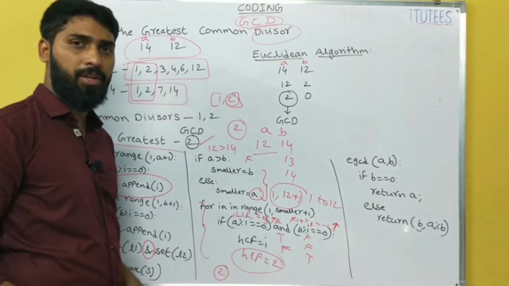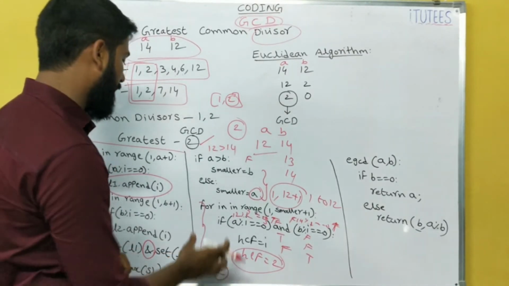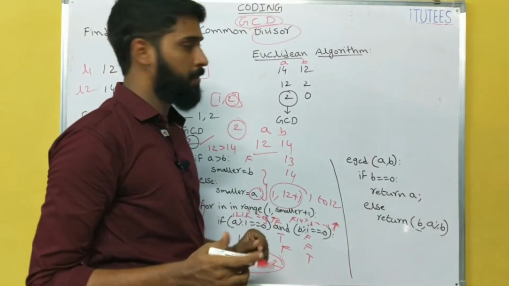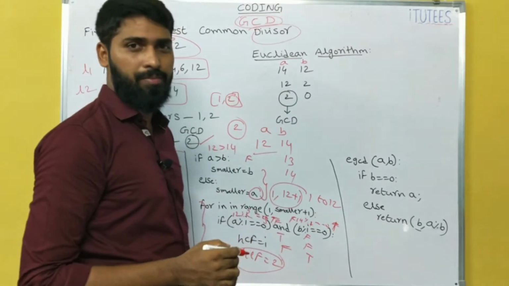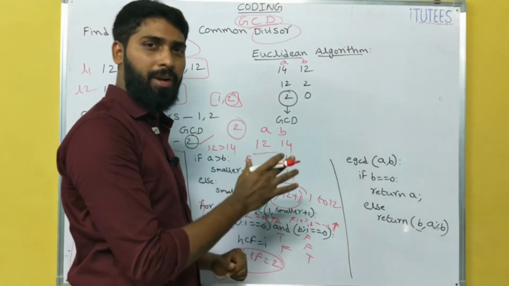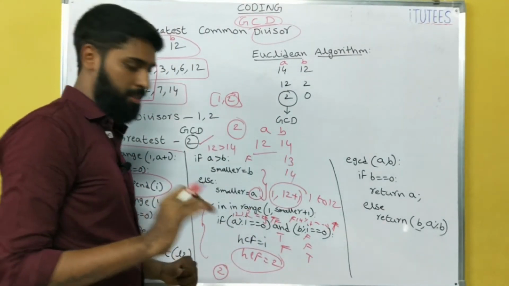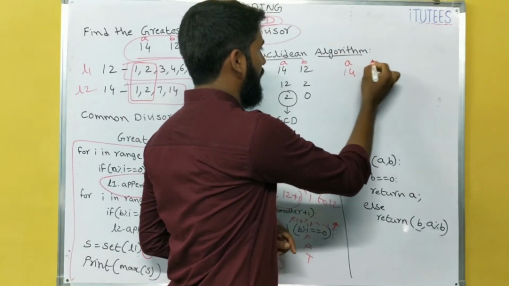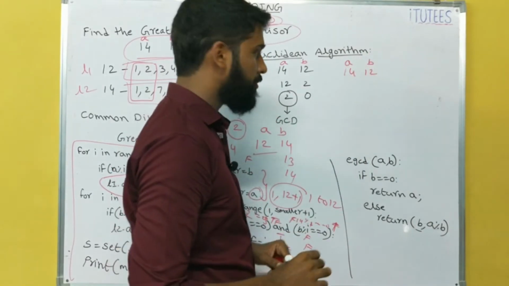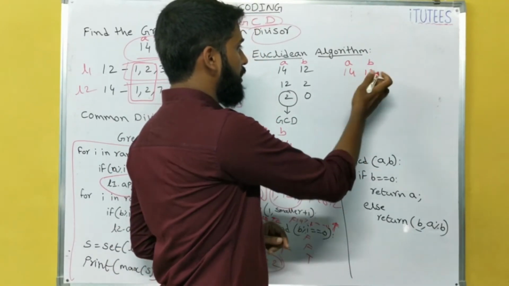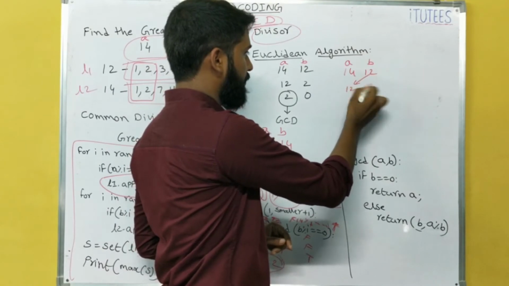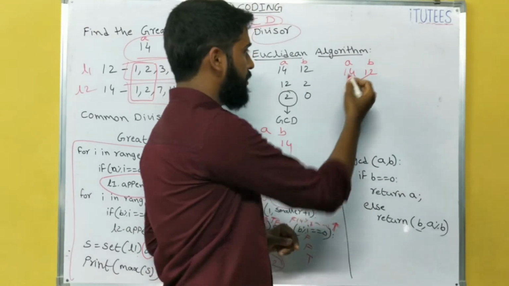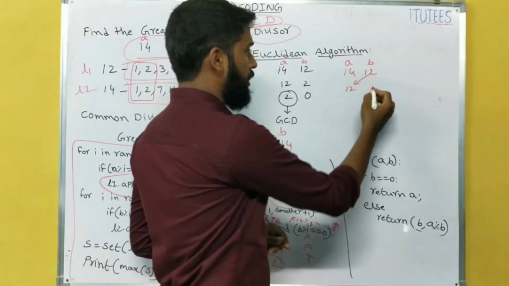So this is another way to find HCF. If you are getting any runtime error, then use this code. This is the Euclidean algorithm to find the GCD, and it is very simple. Take 14 and 12: this is A, this is B. Now call this B as A, and perform the modulus operation: 14 percentage 12 returns 2.